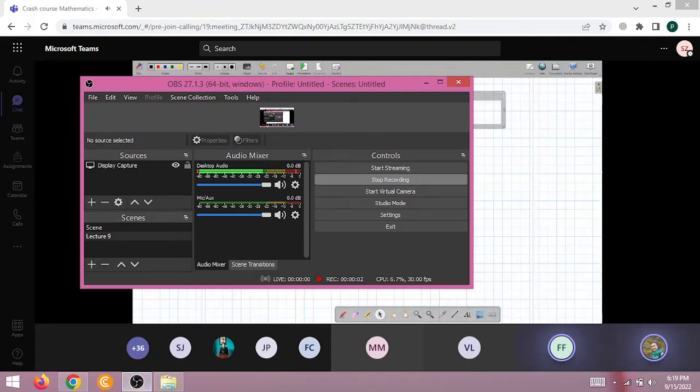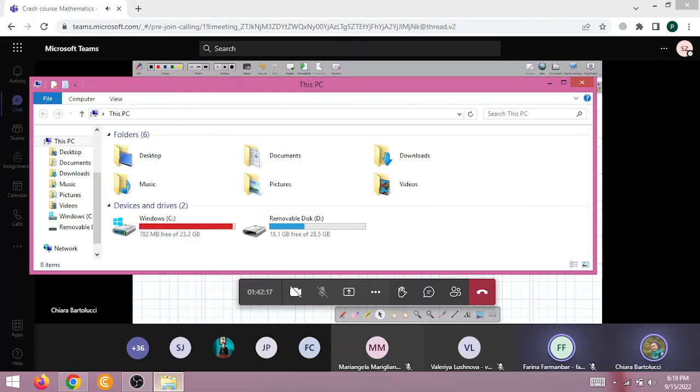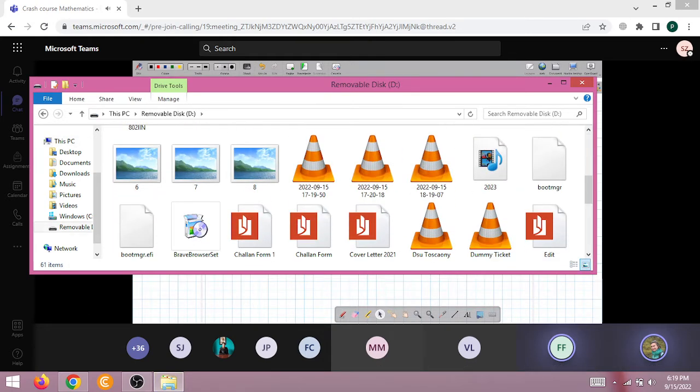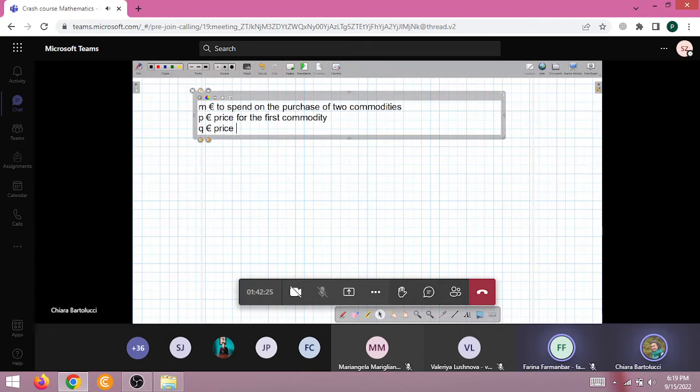The first commodity, and Q the price for the second.